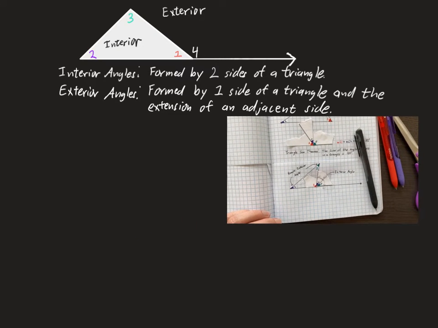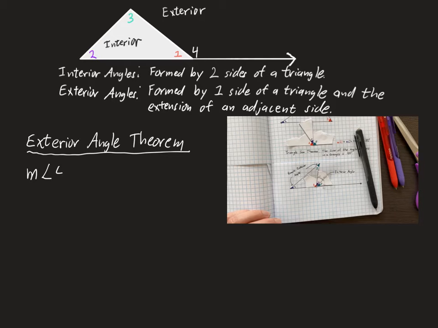Okay, so what we have discovered is another theorem. And that theorem is the exterior angle theorem. So what the exterior angle theorem says is that the measure of angle 4 is equal to the measure of angle 2 plus the measure of angle 3 when using the diagram up above or in the notebook.